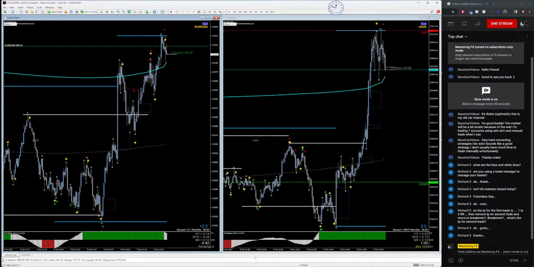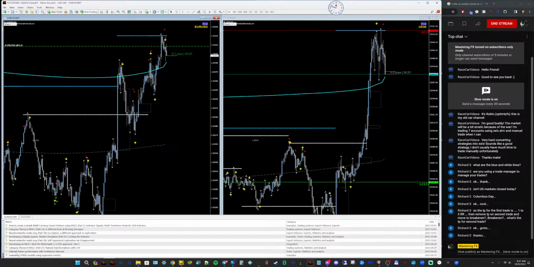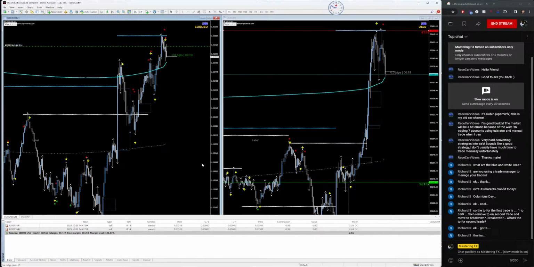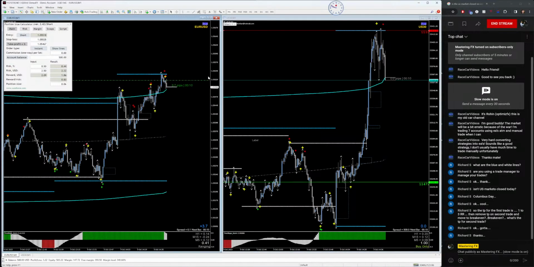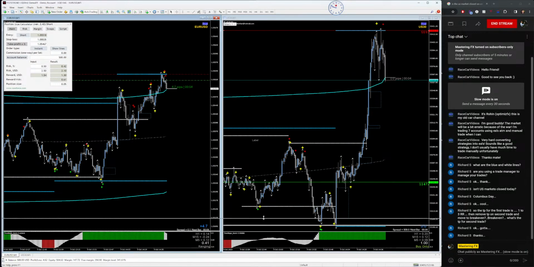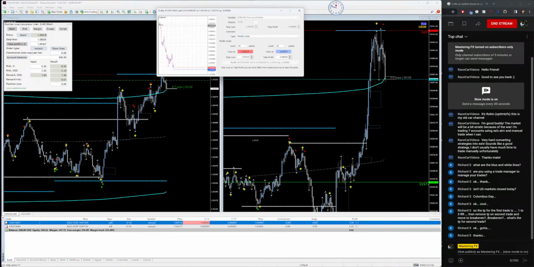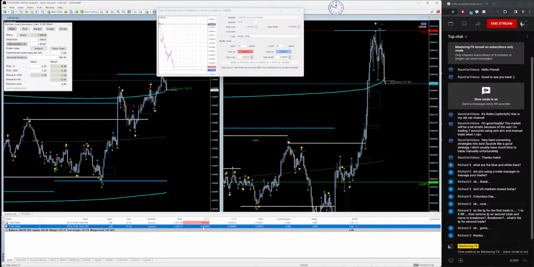We have 2 trades, right? Yeah, 2 trades. And I just noticed that there's no TP. Why is there no TP? And no stop loss. So let's put the stop loss in place first for both of them. That is strange.